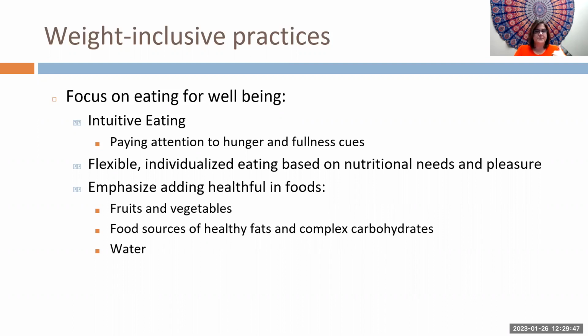And other food plans that are part of a weight inclusive practice would be flexible. They're individualized and they're based on nutritional needs, medical needs, and also pleasure and socialization. They will emphasize adding in healthy foods such as fruits, vegetables, food sources of fiber, healthy fats, and complex carbs. And there'll be that emphasis on what can I add in as opposed to what do I take away.